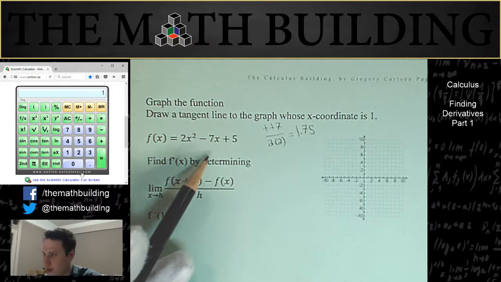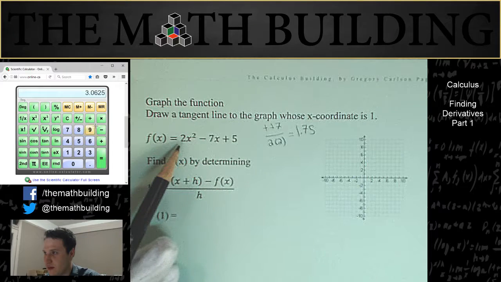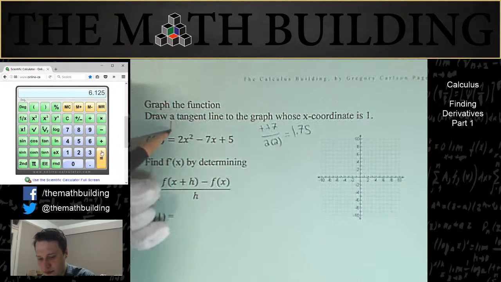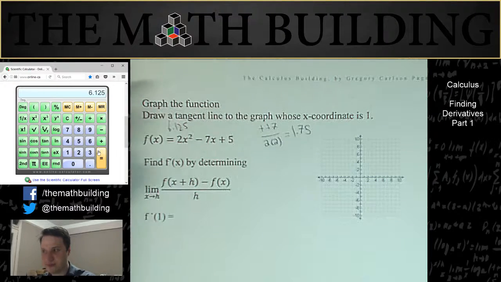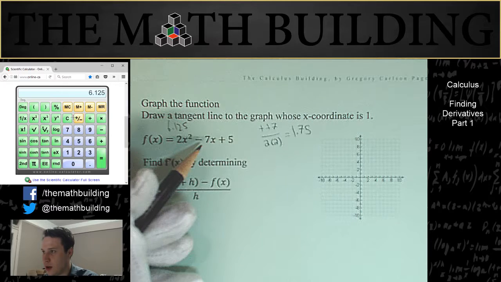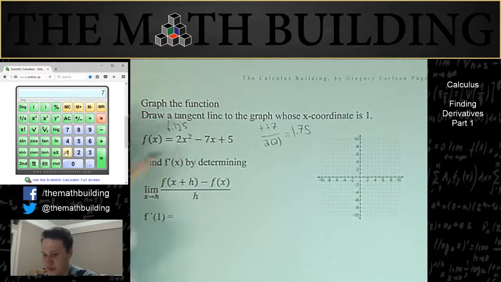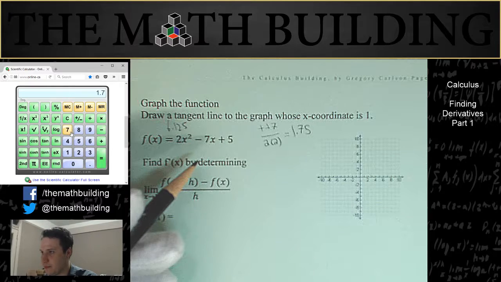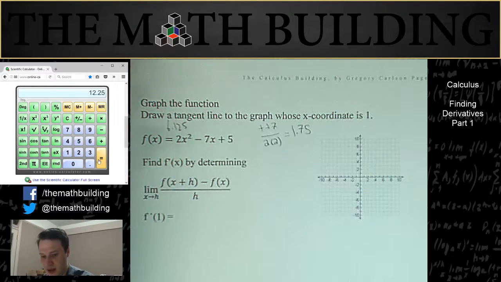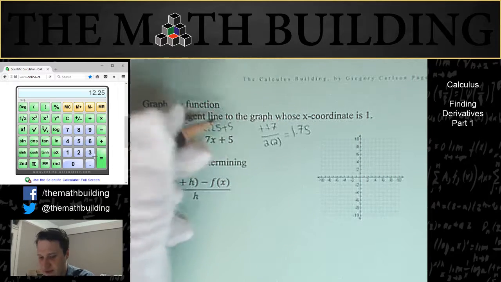Now let's figure out the y part. So we'll do 1.75 squared times 2. That number is 6.125, minus 7 times 1.75, which is 12.25, plus 5.